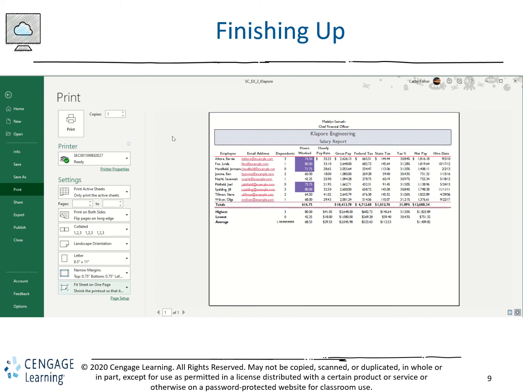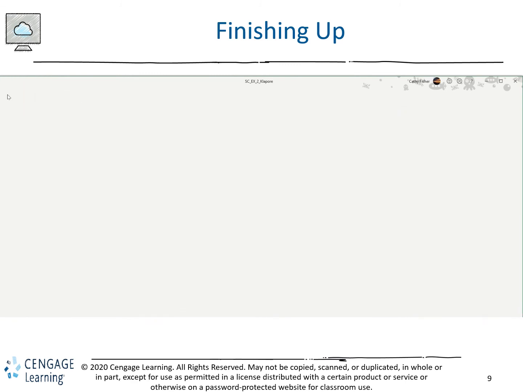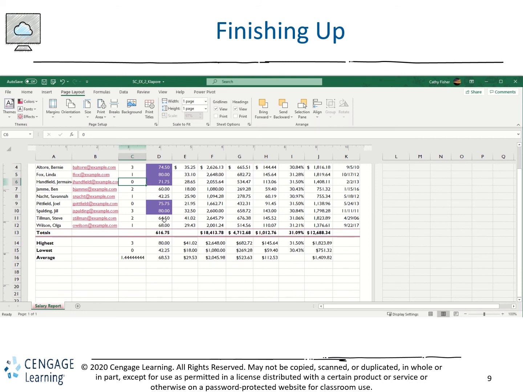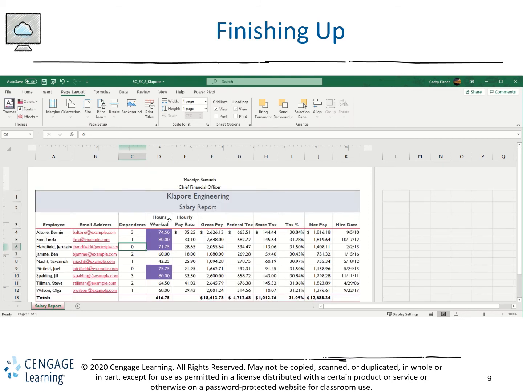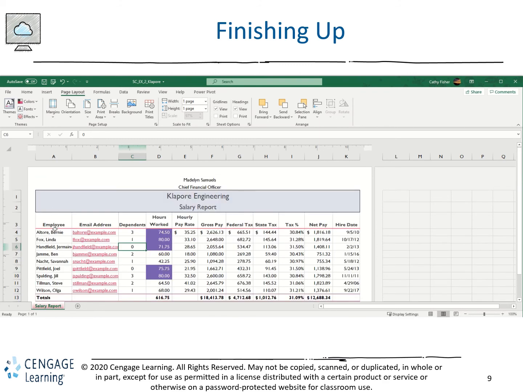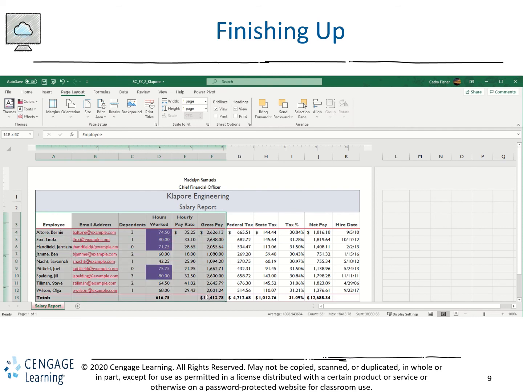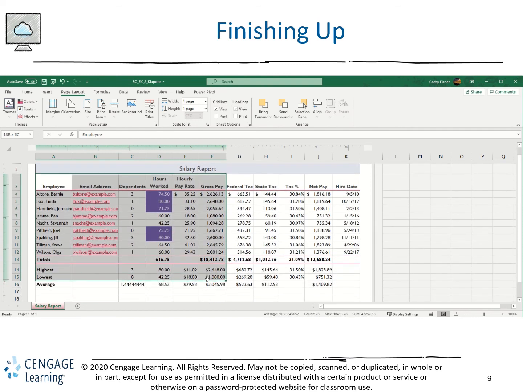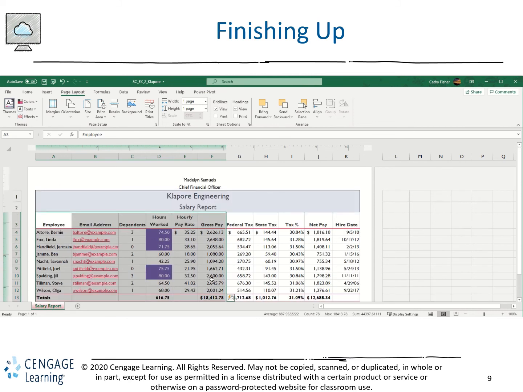I'm going to back up a little bit. So in here, I'm going to select A3 to F16, okay? So I'll just scroll down, F16. I don't really want all the rest of it, maybe.